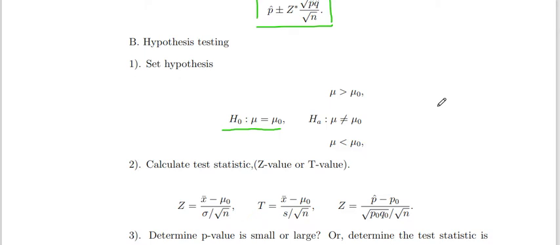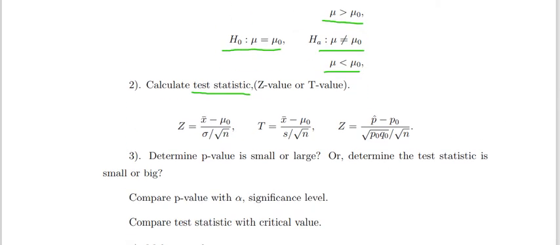So we can say this is a one tail test, where we just consider one side. And for this one, we say the two tail test. So how do we conduct those tests? First, calculate a test statistic, sometimes called the z value or t value.